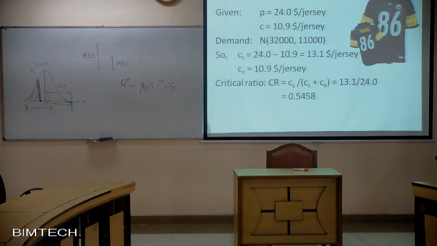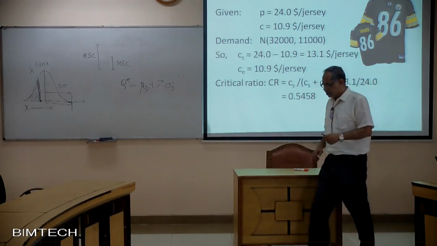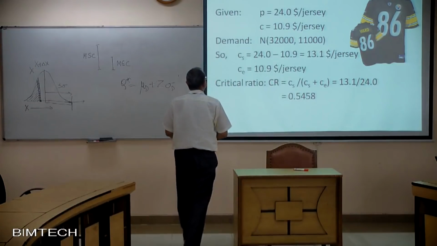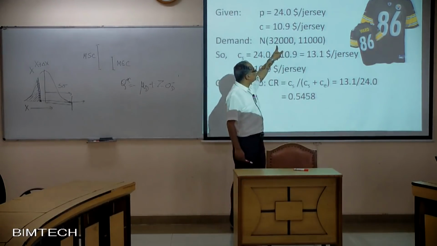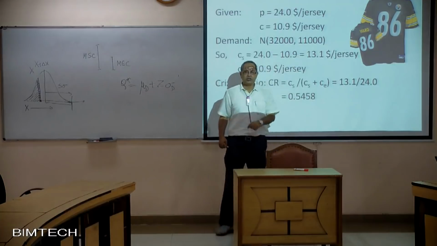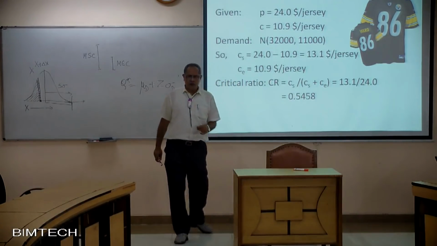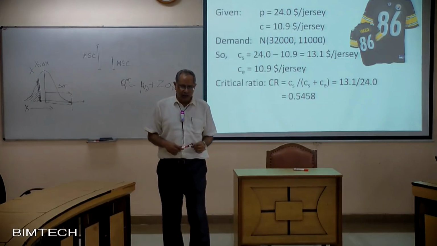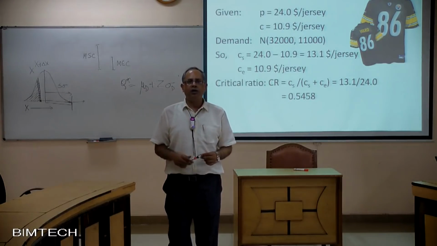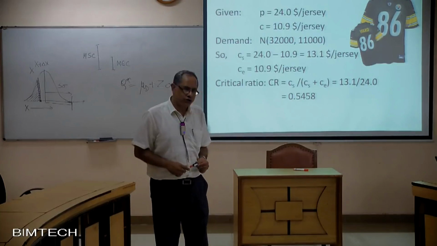I'm sorry for that, it was a slip. So the demand is normally distributed with a mean of 32,000 and a sigma of 11,000. Okay, so now we are going to calculate the critical ratio, or the unit shortage and excess cost.